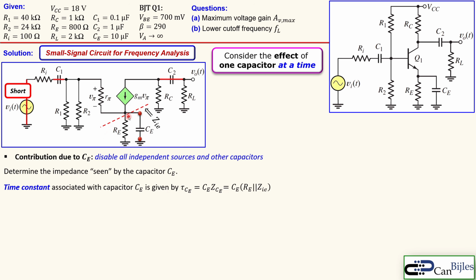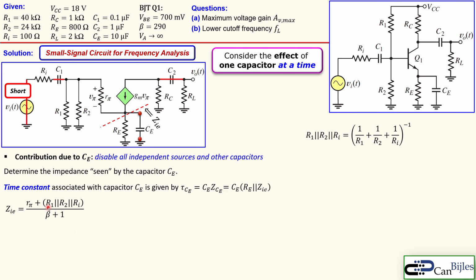Since we look from the emitter branch into the base branch, we need to divide everything by beta plus 1. That is ZIE. So it's R pi plus the parallel combination of these three resistors, because this is ground. And that whole effect will be divided by the beta plus 1 in order to get the correct expression. And that will be in parallel with this RE, which is here 800 ohms.